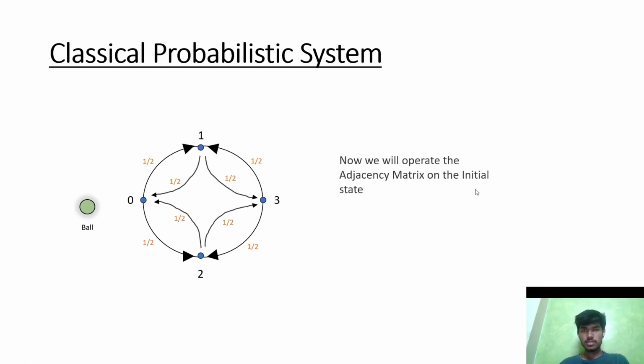Now, let's move forward. What we'll basically do is we'll operate the adjacency matrix on the initial state. What this means is that after we multiply the adjacency matrix with the initial state matrix, it will give us a new matrix which will give us the probability of the particle's position in the next time interval.